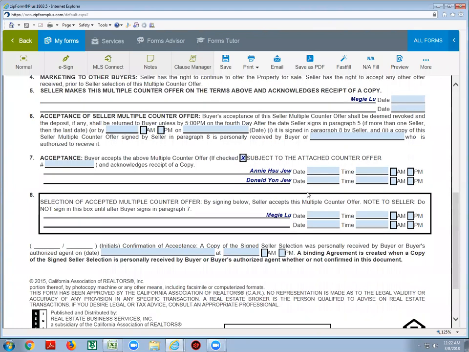So paragraph 5, seller signed it and dated. And number 6, acceptance of a seller multiple counter offer. Acceptance of this seller multiple counter offer shall be deemed revoked, and the deposit, if any, shall be returned to the buyers unless by 5 p.m. on the 4th day. So that means if the buyer signed it, seller needs to respond by the 4th day.